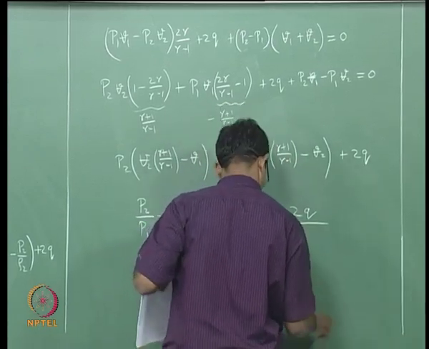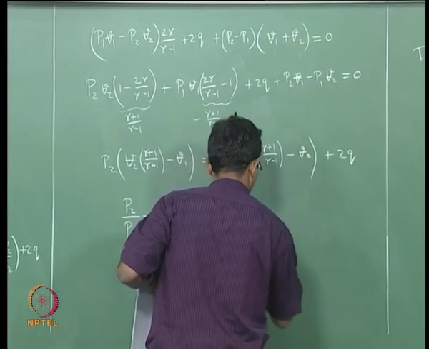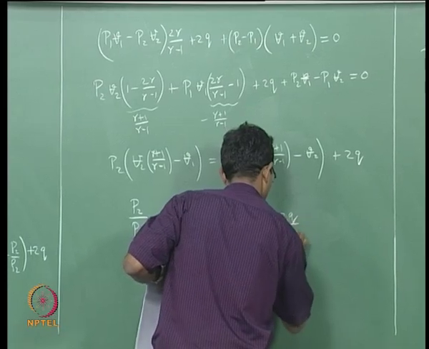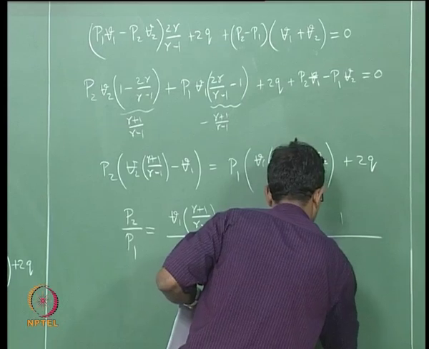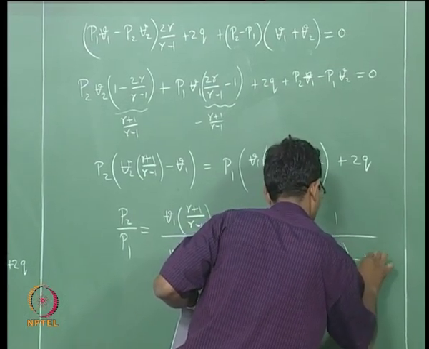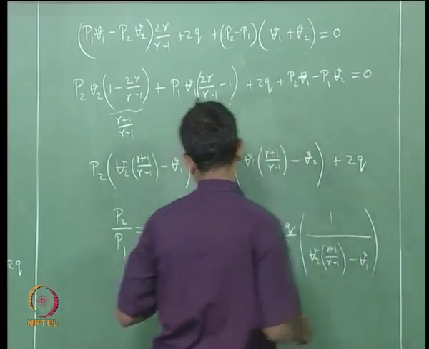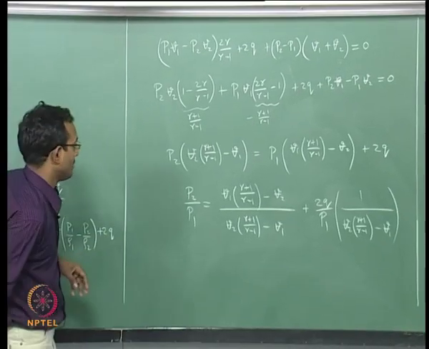I will write this first. I will put it as 2q by P1 as a separate thing, multiplied by this. Okay. It comes to this expression.